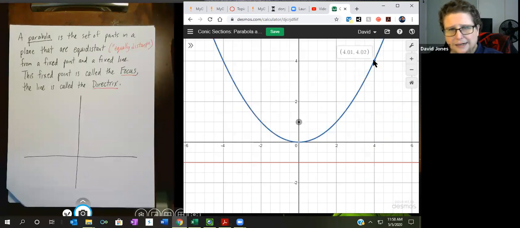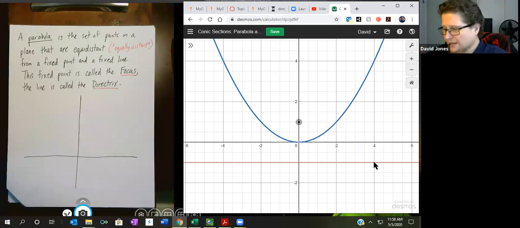This point right here, 4, 4, is equally distant from this point right here and drawing a perpendicular line, or a line that's straight onto the directrix, that's perpendicular.